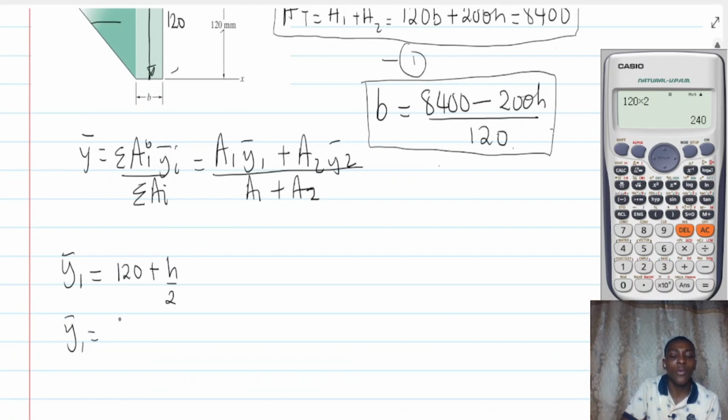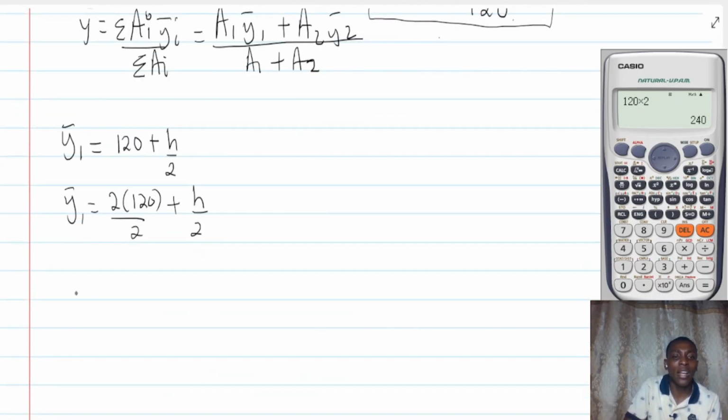Simplifying this further, I can rewrite this as 2 multiplied by 120 divided by 2, plus h over 2. So y bar 1 is 2 into 120, which is 240, plus h over 2. That is my y bar 1.